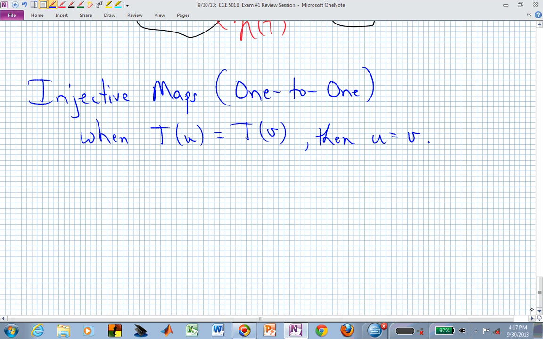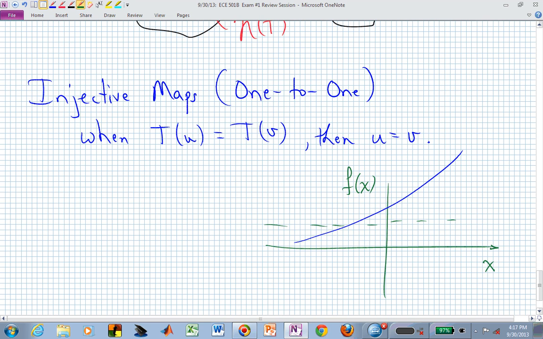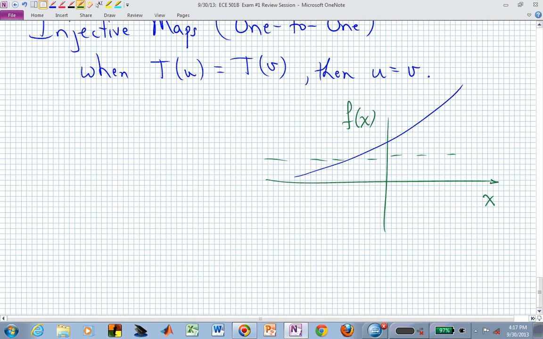And a simple picture that you could think about in trying to understand an injective map might be this one-dimensional diagram, in a sense, where X is your input space and your vertical direction is your output space. If a horizontal line only intersects that map in one place, then you have a one-to-one mapping between the input space and the output space.